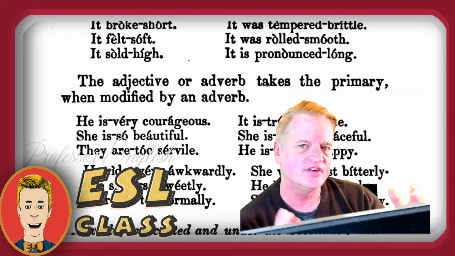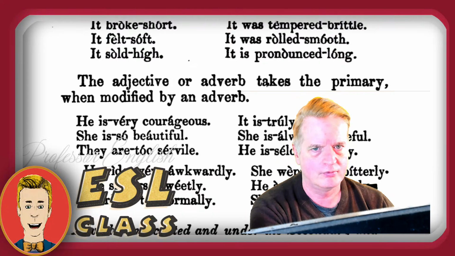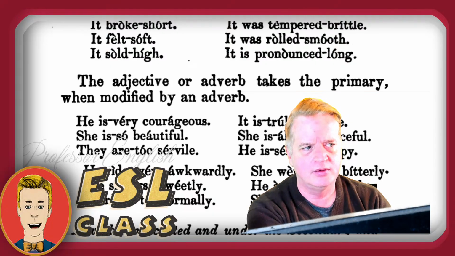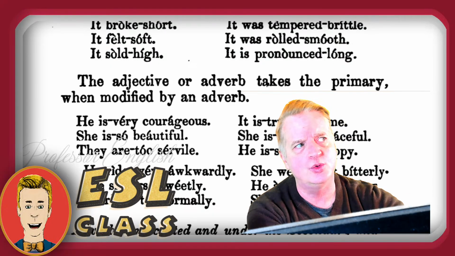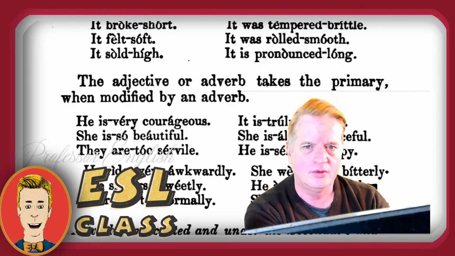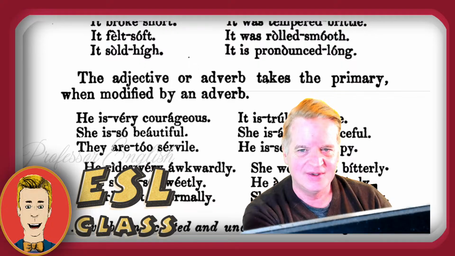Okay, so soft is the important word. How about the next phrase? It was rolled smooth. Okay, and which is the important word? Smooth. Okay, so make that bigger. It was rolled smooth. That sounds better, believe it or not. Maybe that's weird for you, but it sounds much better when you do that.